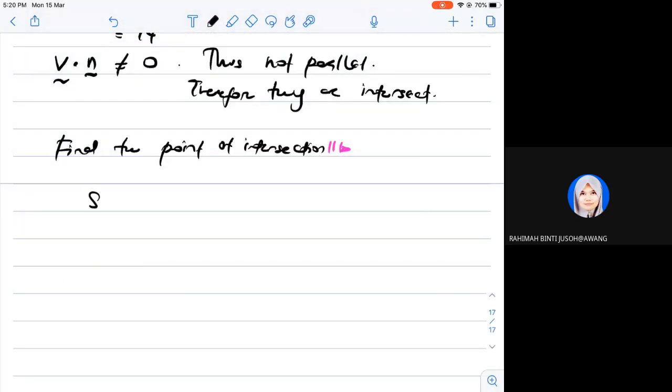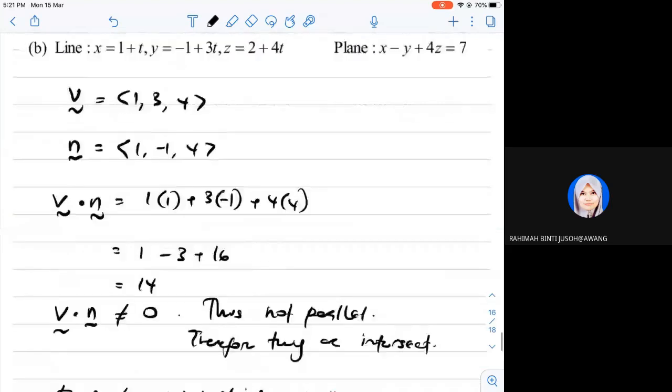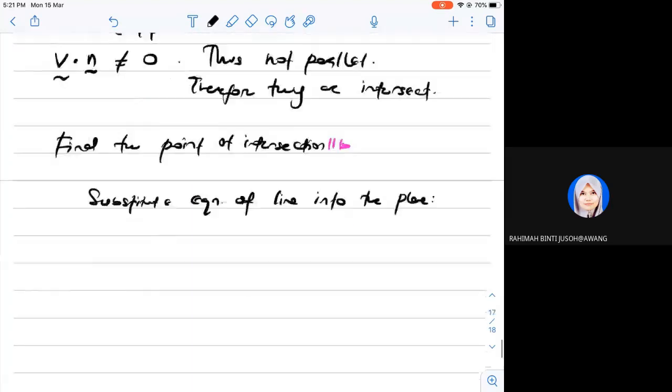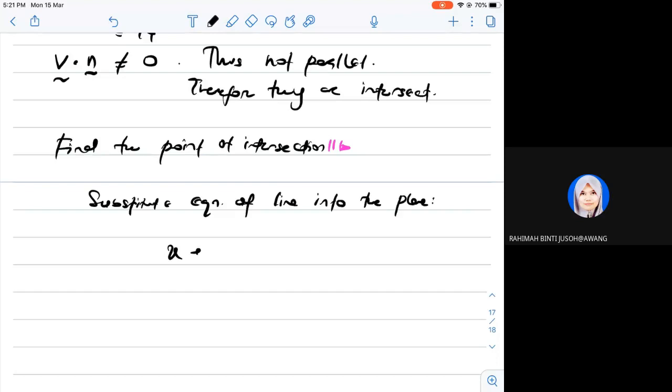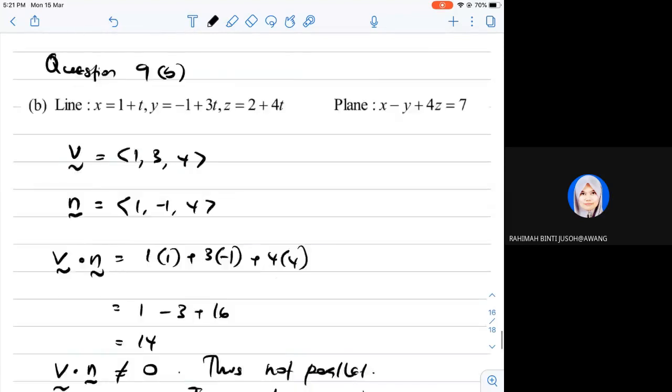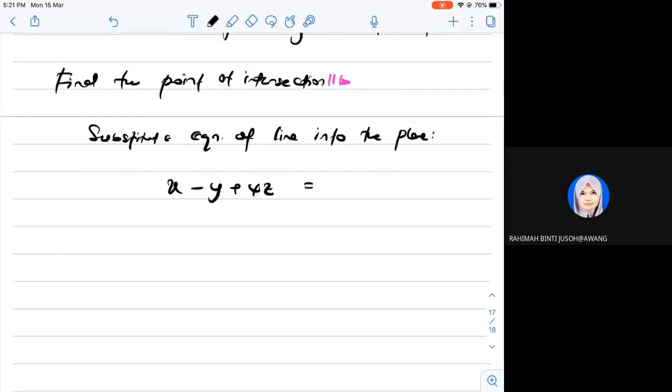Okay, find the point of intersection. Substitute equation of line into the plane. Okay, so kita ada x minus y plus 4z equals to 7.